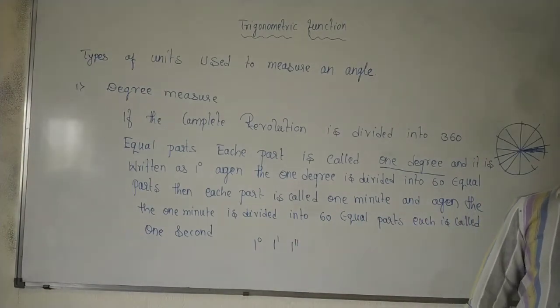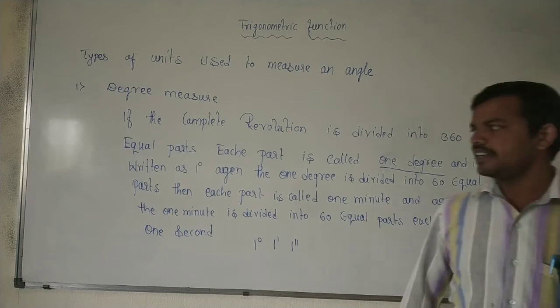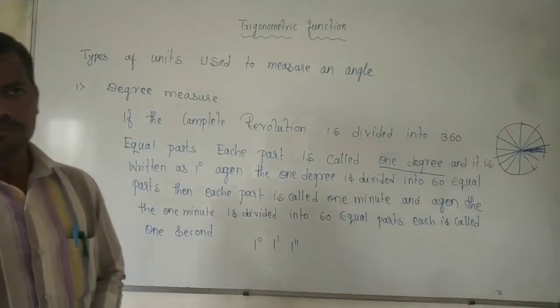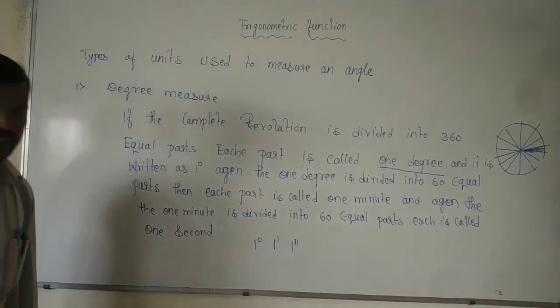These are the units which we are using to measure the angle. So next we come to the radian. There is also the grade measure.